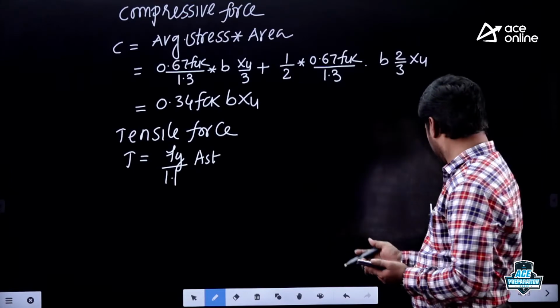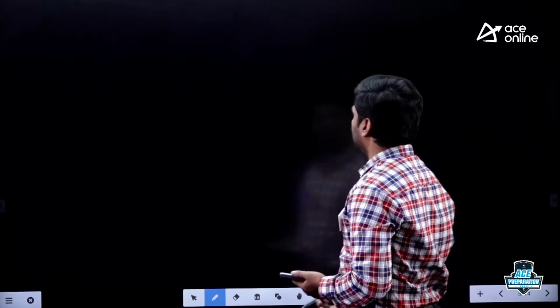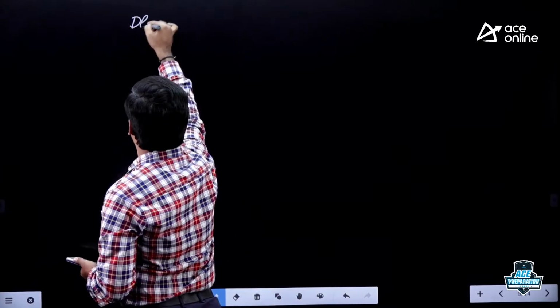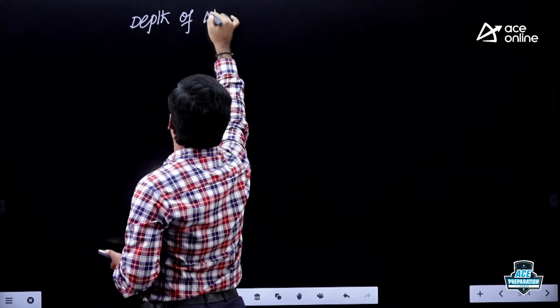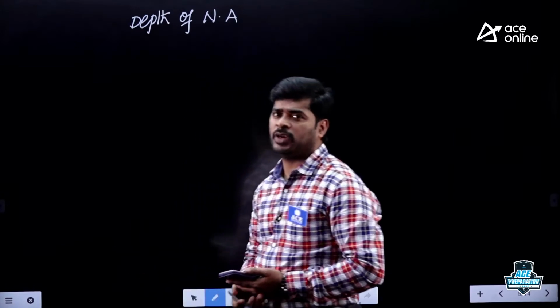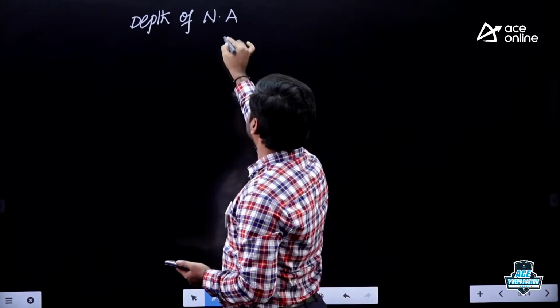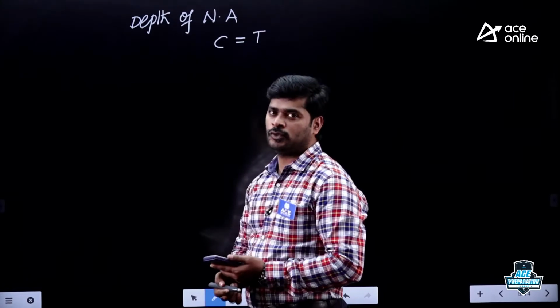Okay, right. Now, how to get the depth of neutral axis? Either it is the depth of neutral axis, or we can say, my dear, the actual depth of neutral axis. The concept is equating compressive force to tensile force.